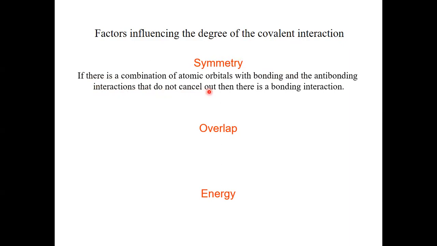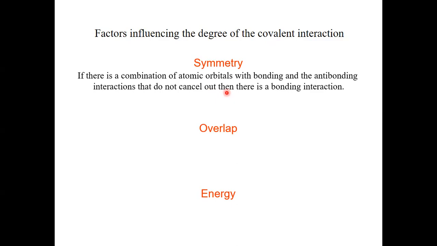If that's not the case, then there can be no bonding interaction between them. And bonding and antibonding always refers to constructive and destructive interference. You can also say when the constructive and the destructive interferences do not cancel out, then there's a bonding interaction.